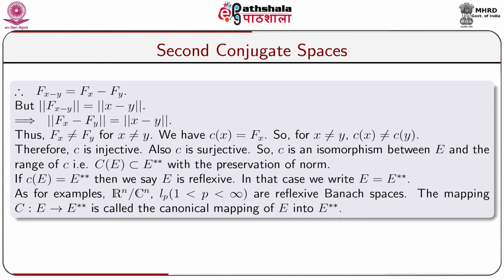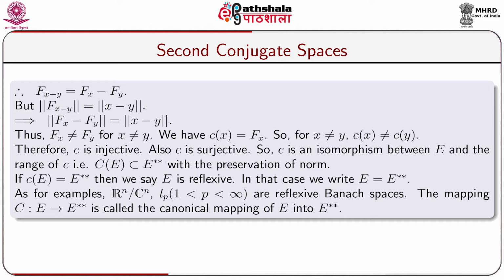Now, for the normed linear space Lp, where 1 is less than p less than infinity, we have seen in module 1 that the first conjugate space of Lp is Lq, where 1 by p plus 1 by q equals 1. Again, if we take the conjugate space of Lq, we see it is also Lp by the relation 1 by p plus 1 by q equals 1.